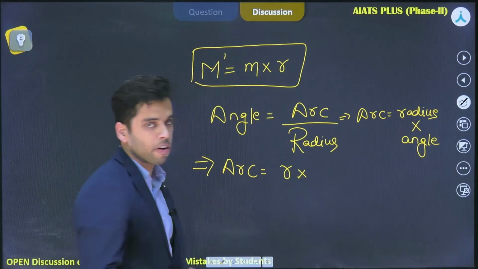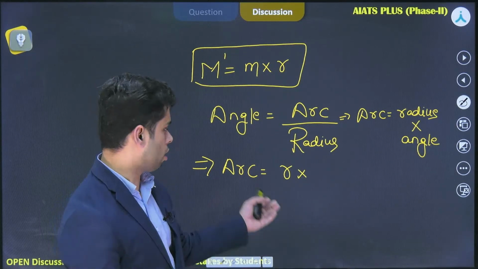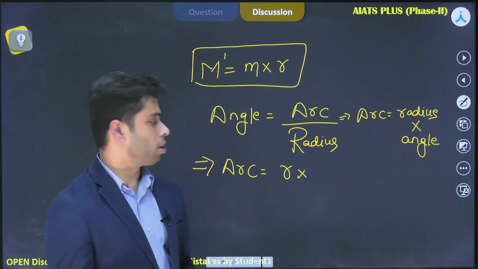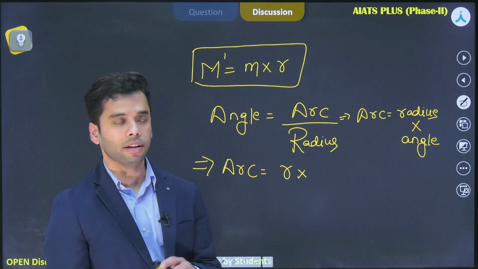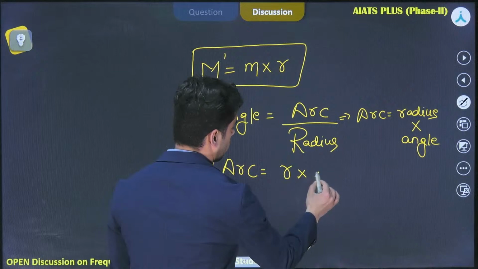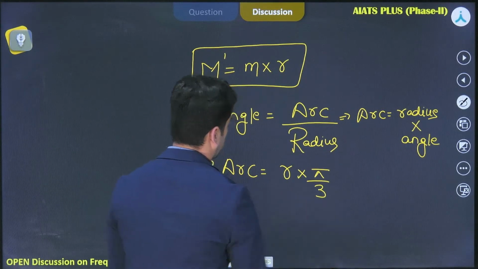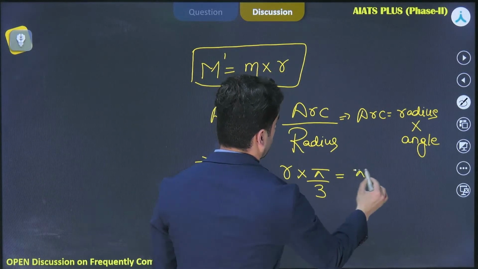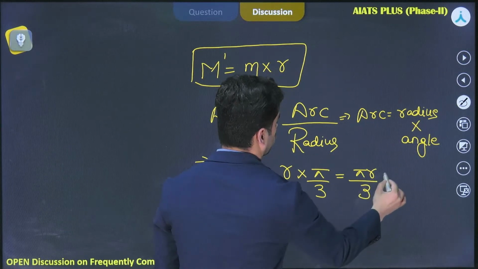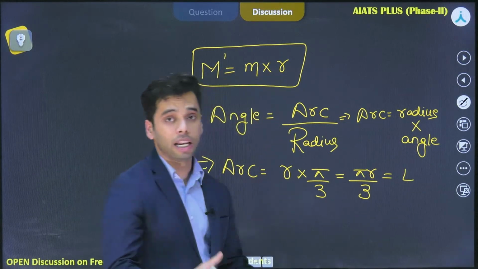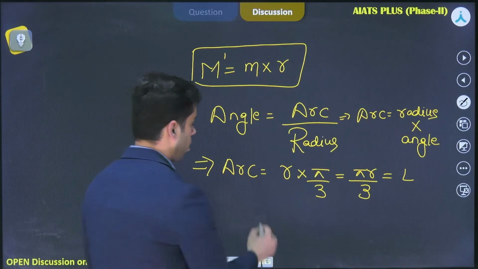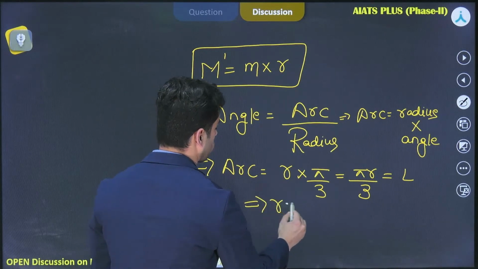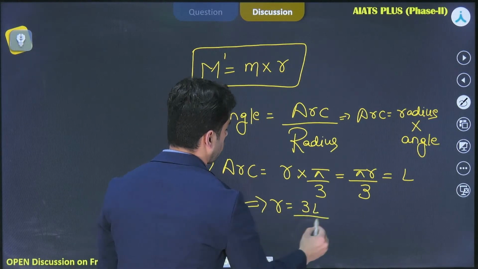Just put the angle in radians, don't put the angles in degrees. You are dealing with numbers, so put the angle in radians. 60 degrees will be equal to pi by 3. So the arc is pi R by 3, and it should be equal to L, the length of the bar magnet. So from here R is equal to 3L over pi.